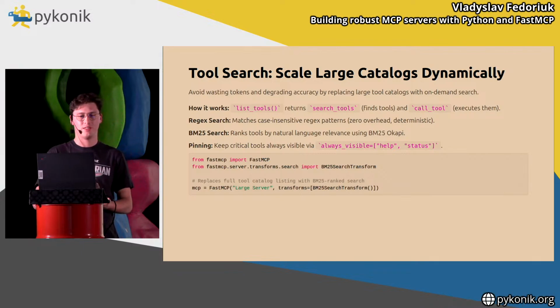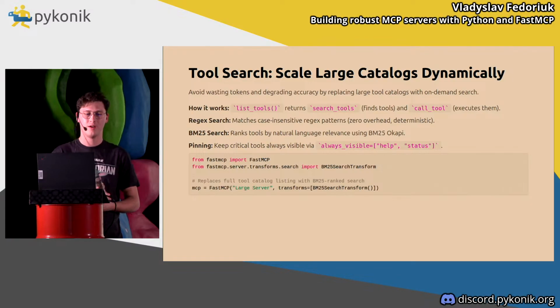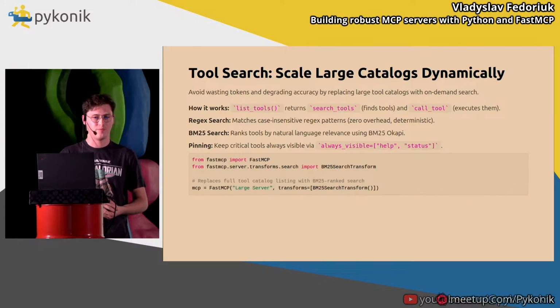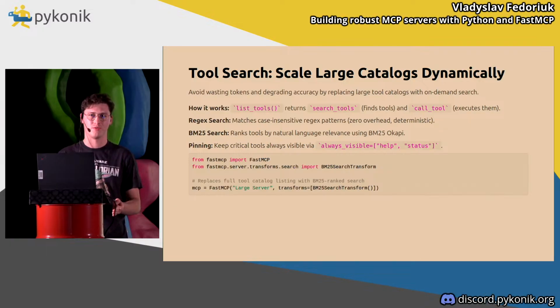You can still keep some tools always visible to make sure the model is always able to pick them up, but for all the rest, you can just make them searchable. I believe that's basically how each modern MCP client application works. For example, if you go to Claude or ChatGPT, there's no way it could work without some sort of dynamic tool discovery, taking into account the number of MCP servers or connectors they have.